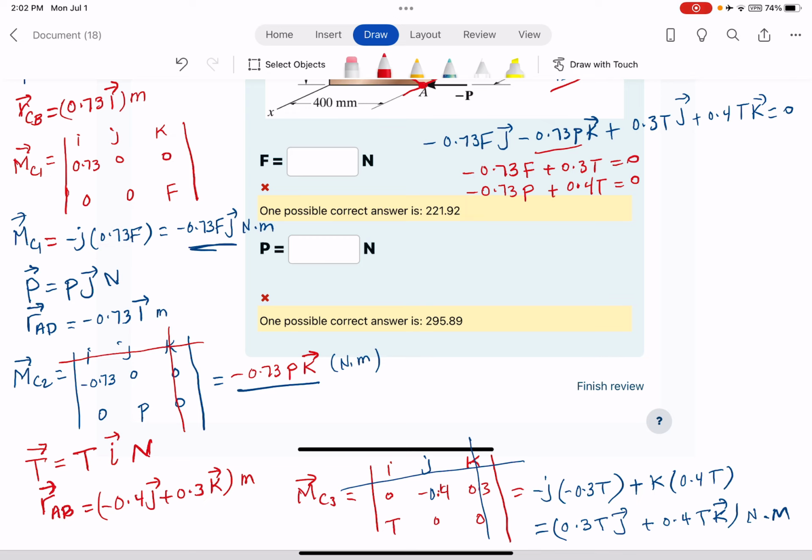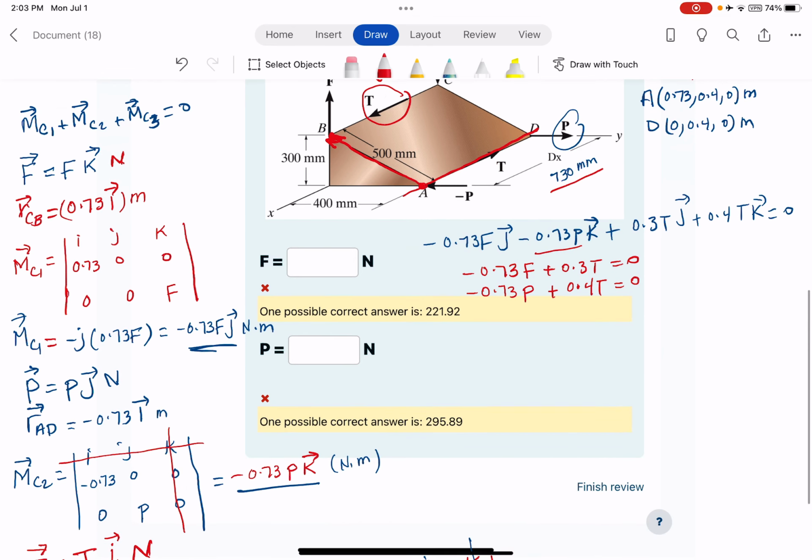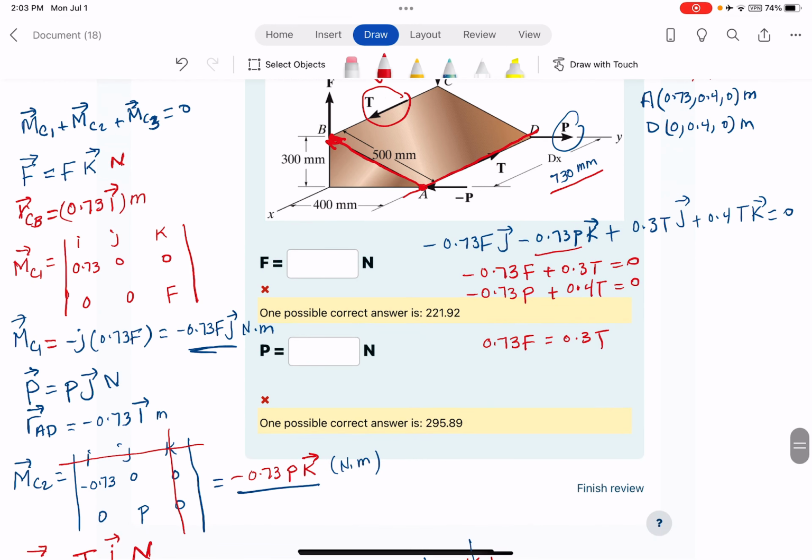So minus 0.73 F plus 0.3T, and minus 0.73 P plus 0.4T. Okay, and he gave you the T, 540 Newtons, so you could find the force. So 0.73 F, if you take the other side, is equal to 0.3T, and you have the T, 540.